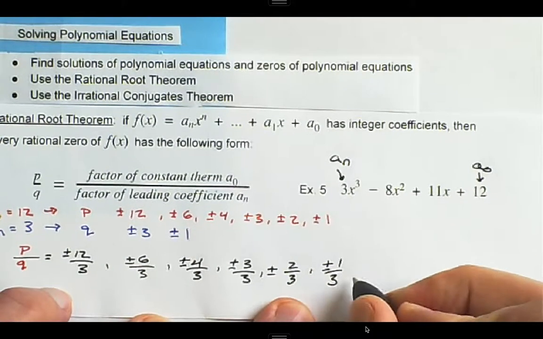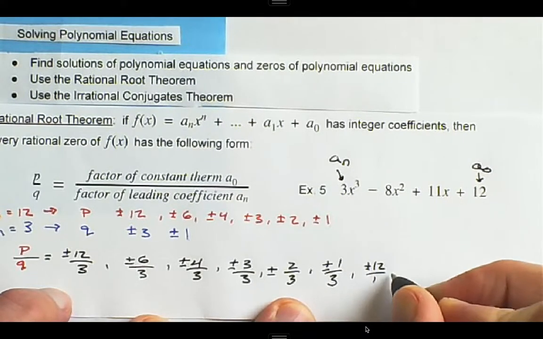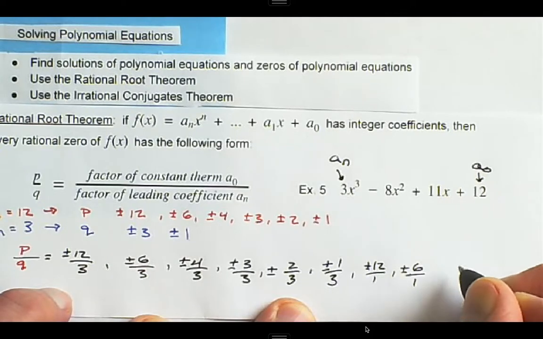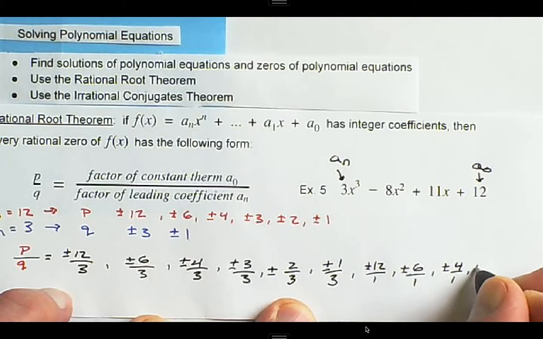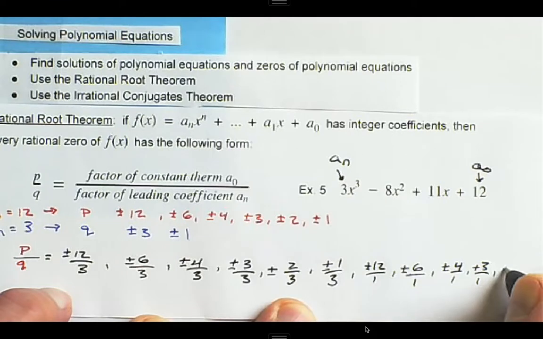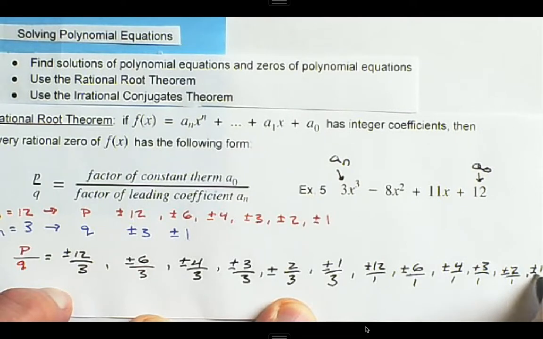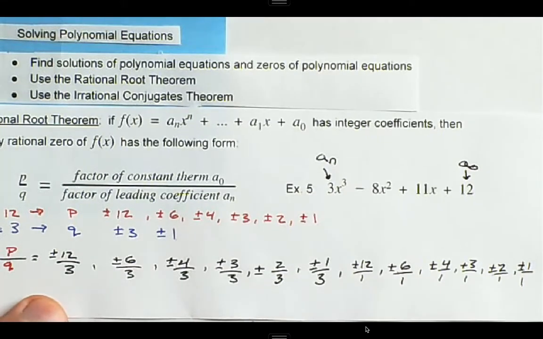And so then we have plus or minus 12 divided by 1, plus or minus 6 divided by 1, plus or minus 4 divided by 1, plus or minus 3 divided by 1, plus or minus 2 divided by 1, and plus or minus 1 divided by 1. So those are all the possible options, but we have some duplicates.